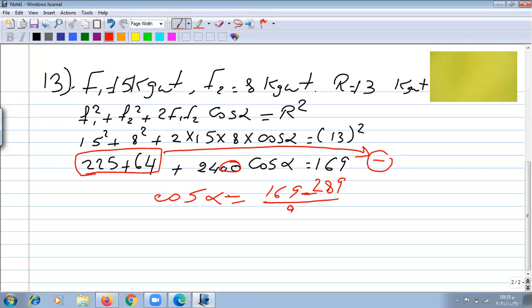The answer equals negative half after using the calculator.